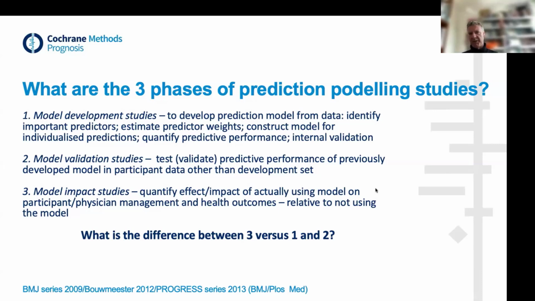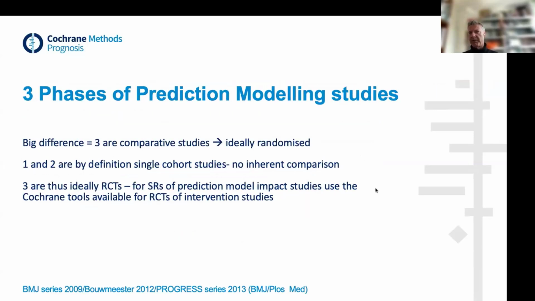Now, the big difference between 1 and 2 versus 3 is that 1 and 2 are not comparative studies. 1 and 2 are actually, more or less, single cohort studies, and 3 is a comparative study. Ideally, those are randomized comparative studies, randomized trials. Now, the handbook, what I need to say, and everything we have addressed as the prognosis methods group, is concerning prediction modeling studies type 1 and 2, and not type 3.